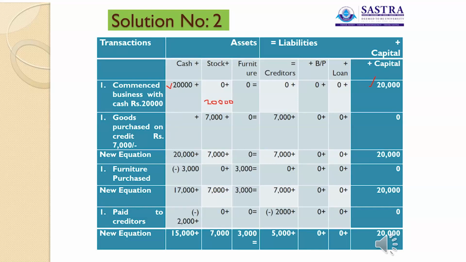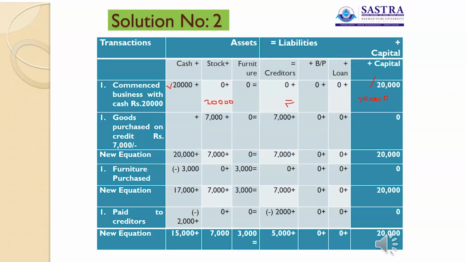So this amount is 20,000 is equal to 20,000 value. That means cash which is equal to assets value 20,000. So here the accounting equation should be proved here. So 20,000 which is equal to 20,000.